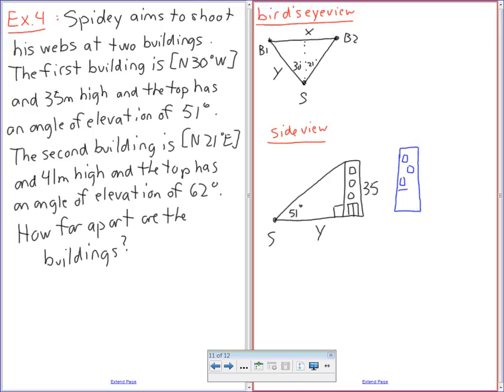This is a terrace. This is going to be a 41-meter building. There's Spidey. This one has an angle of elevation of 62. And Z at the bottom. I'll use W if you want. W there.